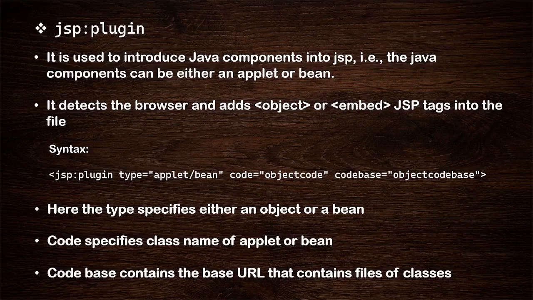This is the syntax for jsp:plugin. The plugin attributes are type, code, and codebase. Here type specifies either object or bean. Code specifies the class name of the applet or bean. Codebase contains the base URL that contains the class files.